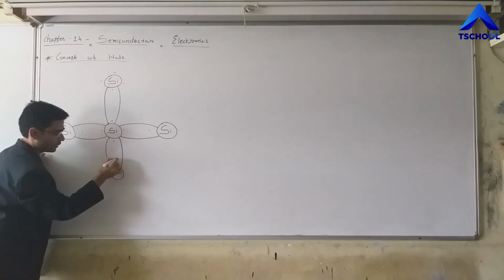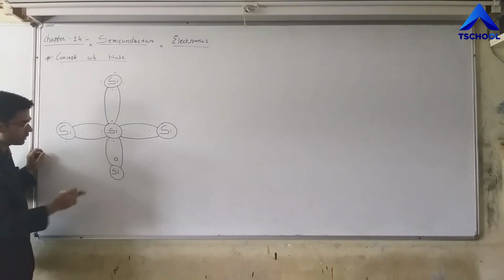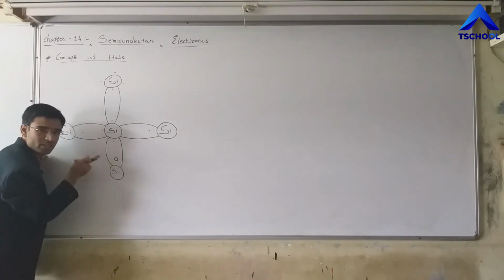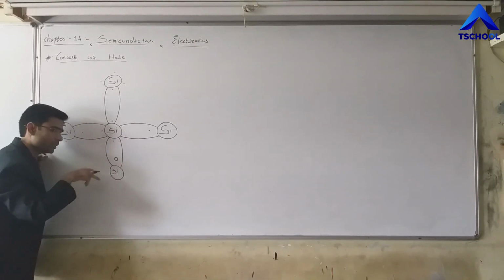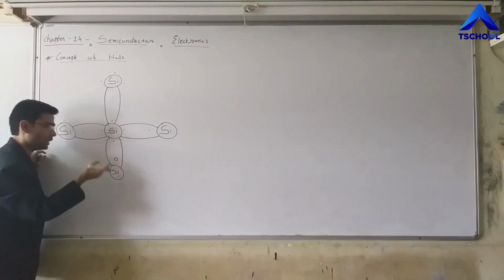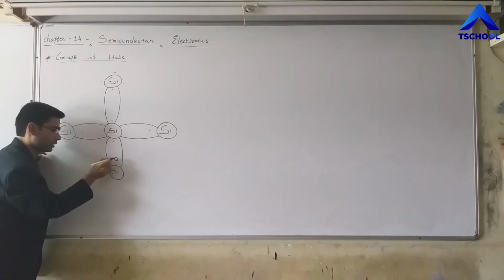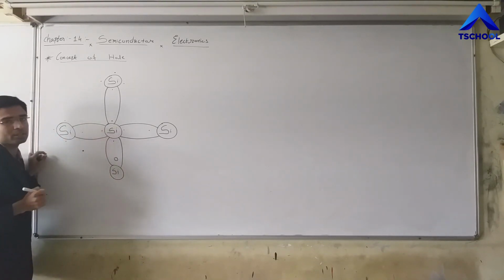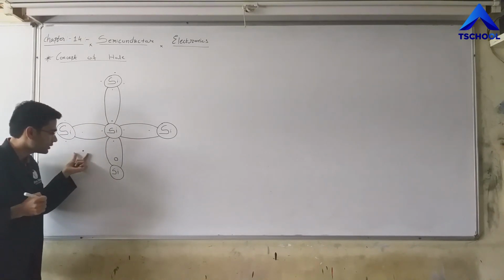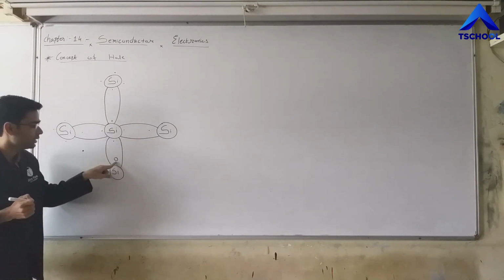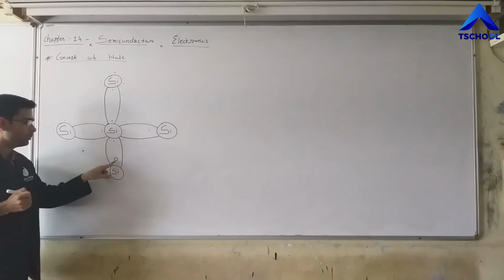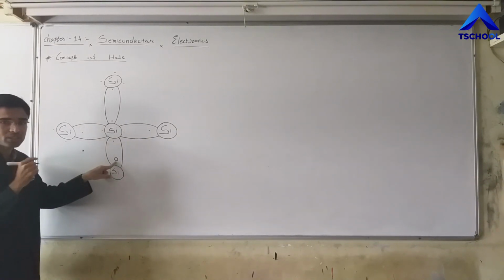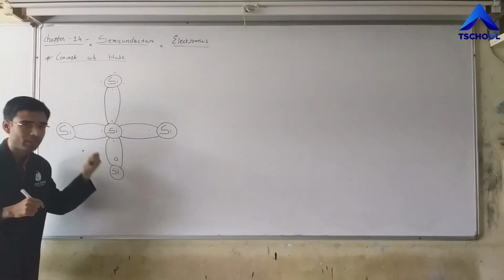Now here there is a deficiency of the electron. Because when we increase the temperature, because of the thermal oscillation, an electron becomes free. That electron takes part in electrical conduction. Now at that place, from where the electron became free, there is a deficiency of the electron. We can say it is a blank space.